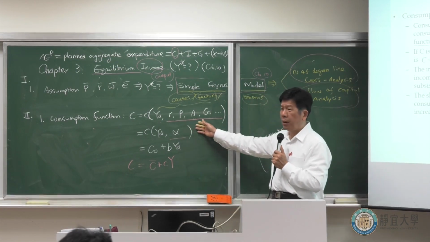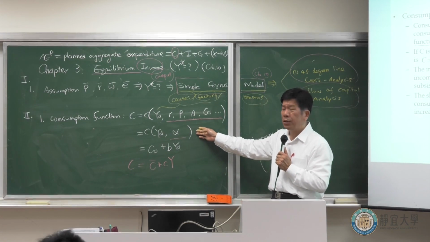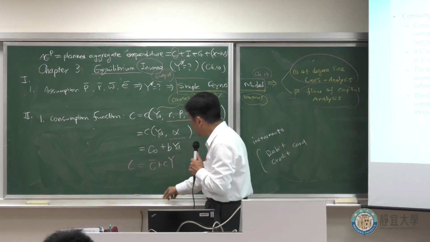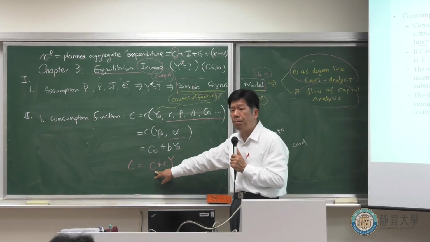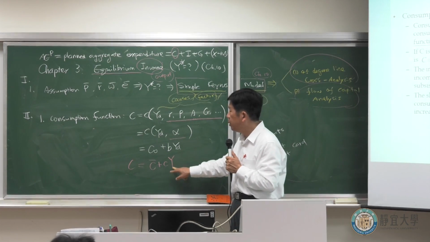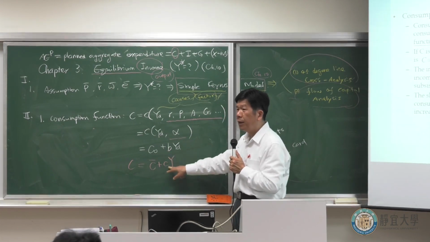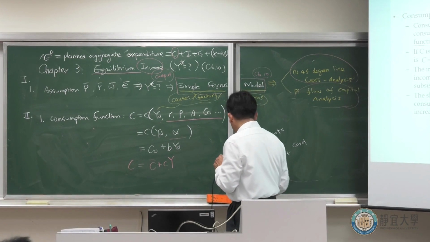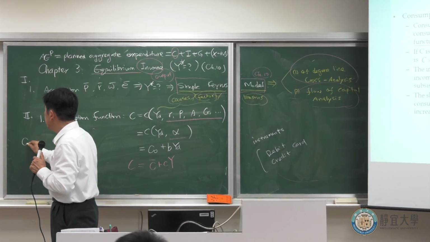But I draw it this way, I think it's much better, okay? You need to know what C0, C bar, bYD or cY are. Actually, they have the same meaning.